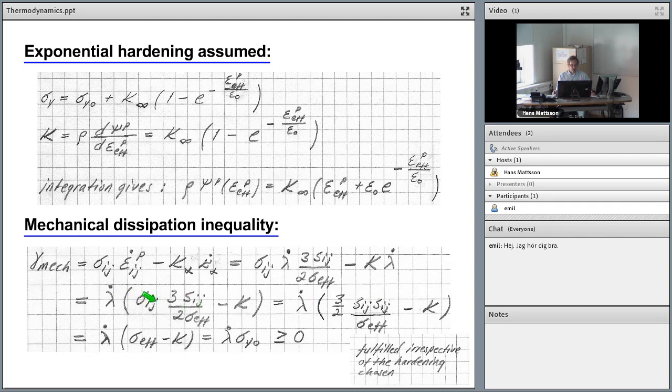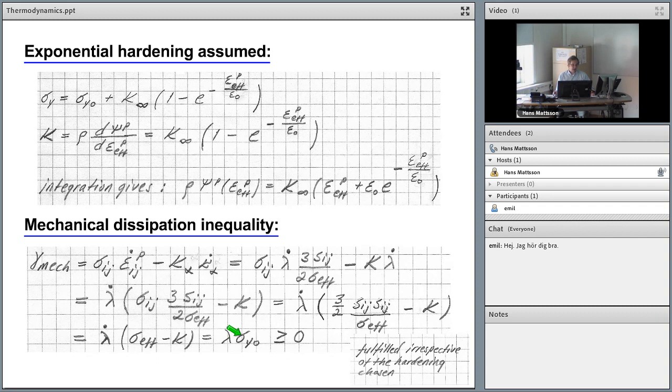It's a good practice. Then we see that it will just be this result left here, but this is equal to sigma y0, and the plastic multiplier must also always be larger or equal to 0, and of course the initial stress here should be positive in this sense.